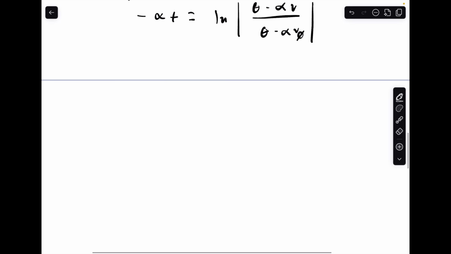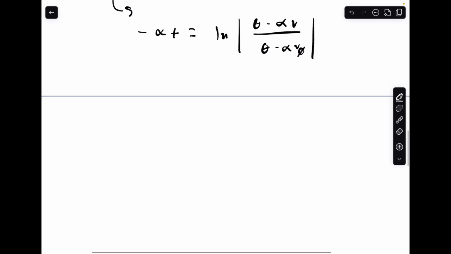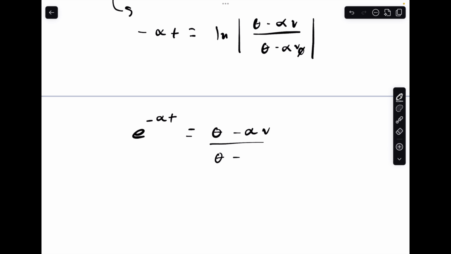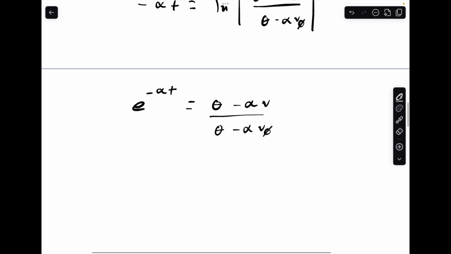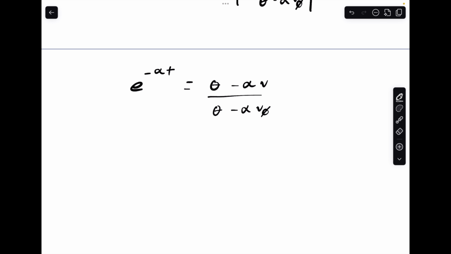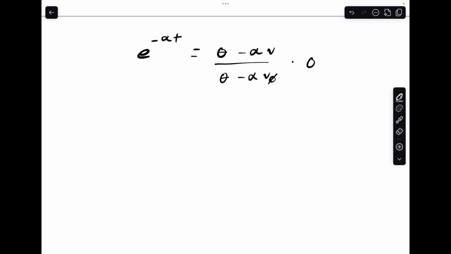Now I'll raise e to both sides in order to isolate that v, which is the v of t that we're looking for. So now e to the negative alpha t is equal to theta minus alpha v divided by theta minus alpha v naught. Now this is a little bit more complicated, but we're going to multiply both sides by theta minus alpha v naught so that we can get the top half by itself.